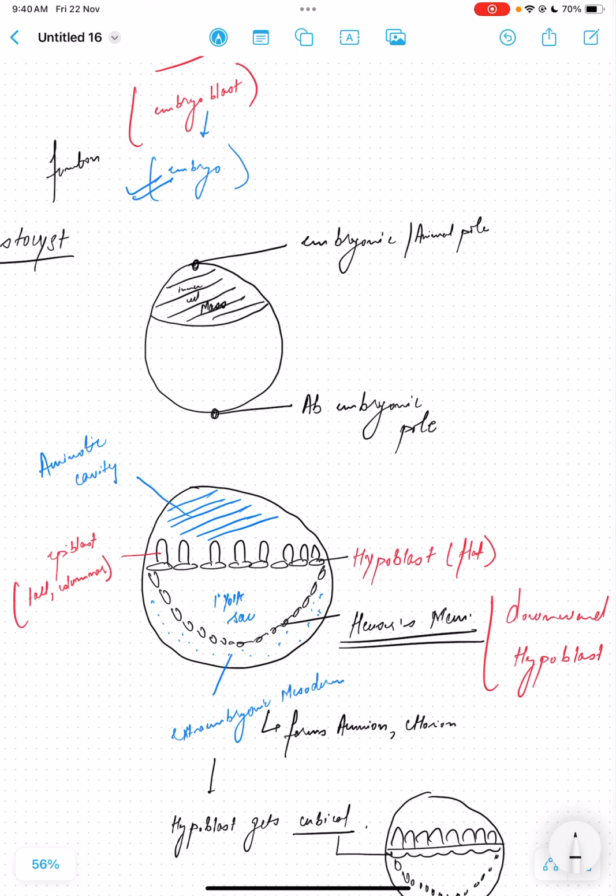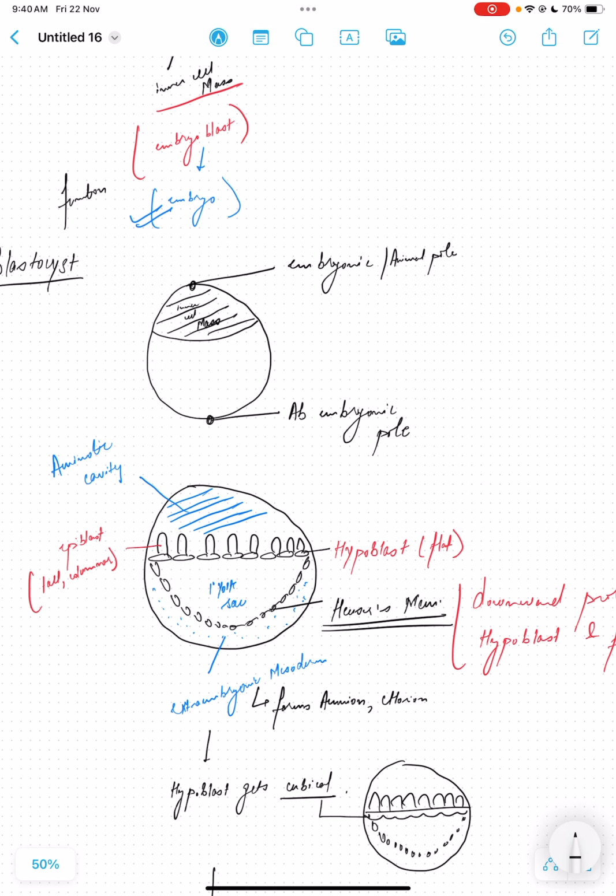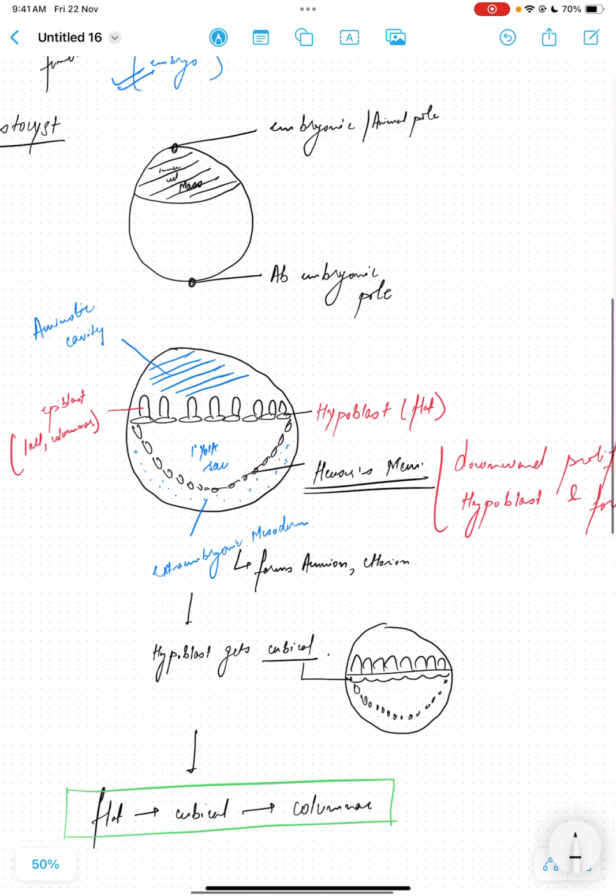When the hypoblastic cells are laid downwards, they form a sac that is called Heuser's membrane. Inside the Heuser's membrane is the primary yolk sac, and outside the membrane is the extra embryonic mesoderm, which forms the amnion as well as the chorion. Then what happens?